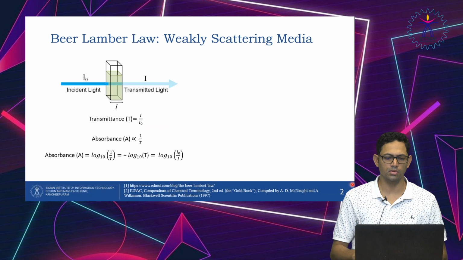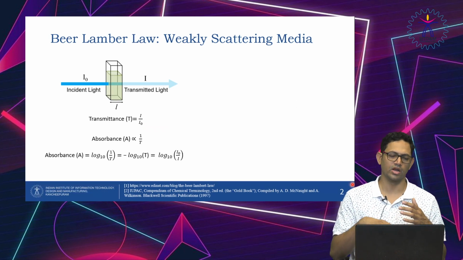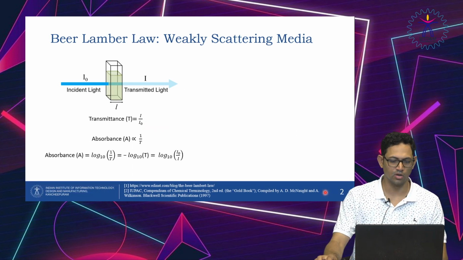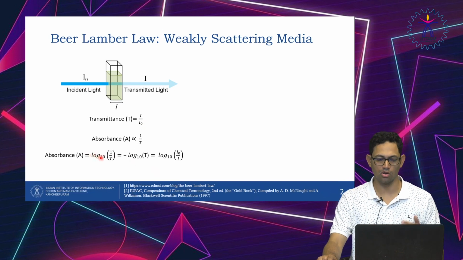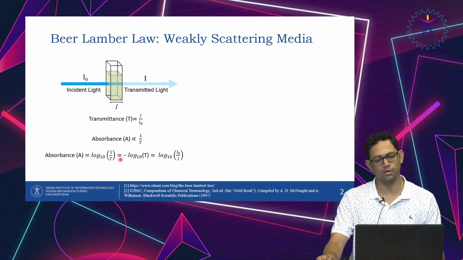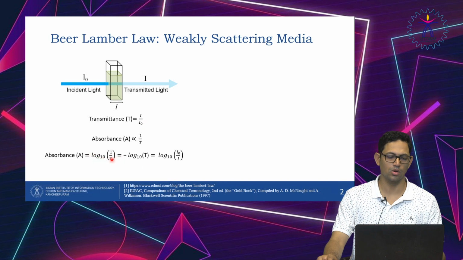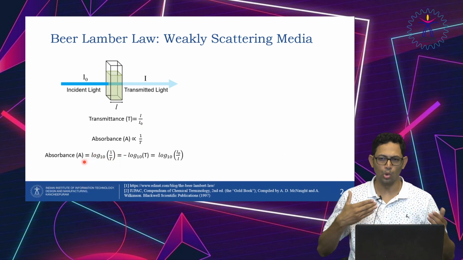Now the absorption is defined with a logarithm of the inverse of your transmittance. This is how it's defined, because in some fluids you will see a very low transmittance.